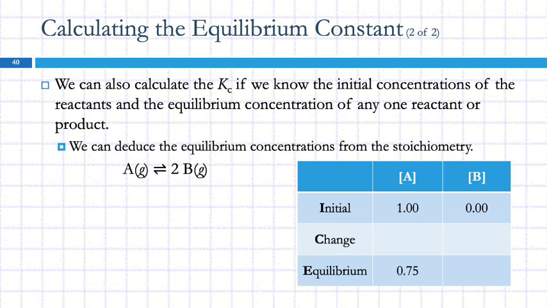Okay. Well, measuring all of the concentrations of all the reactants and products is very tedious and sometimes almost impossible. We can also calculate Kc if we know the initial concentrations and the equilibrium concentration of one thing.